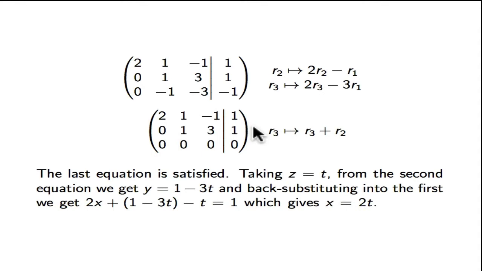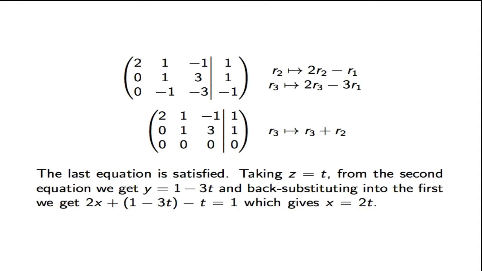We start from the bottom non-zero row. We want to solve y plus 3z equals 1. We can pick z to be anything, let's call it t. And then the second equation gives that y must be 1 minus 3t, because we have that y plus 3t must be equal to 1.